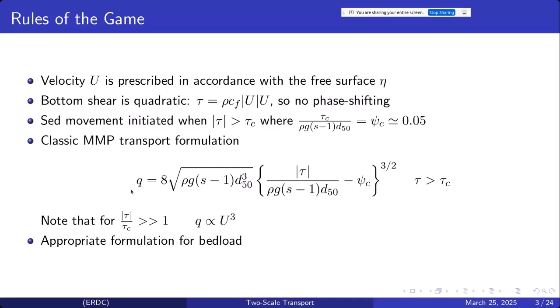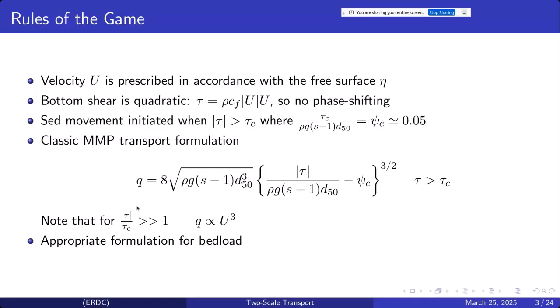This is the sediment transport, and it's a function, of course, of the grain size and the shear, normalized again by the weight, once you subtract off the critical shear stress. So you have sediment movement when you have tau greater than the critical tau.